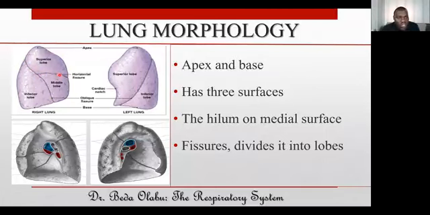Because it has two fissures, the right lung has three lobes: the upper lobe, the middle lobe, and the lower lobe. So remember, left lung has upper and lower lobe only because it has oblique fissure. The right lung has upper, middle, and lower lobe because it has the oblique as well as the horizontal fissure.